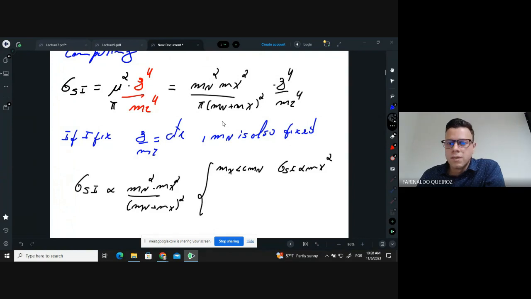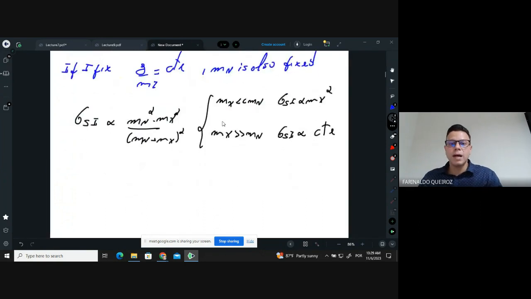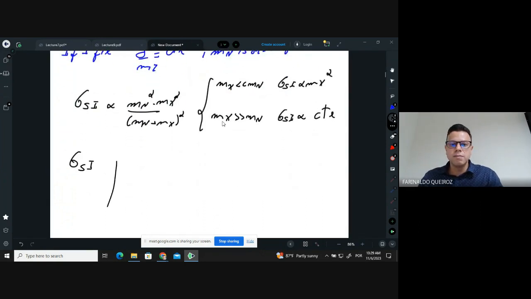If M chi is much greater than Mn, then the M chi squared cancels out with M chi squared, and I get just something proportional to Mn squared, which is a constant. So what you expect, a plot of sigma SE as a function of the dark matter mass, is something like this. It grows with M chi, and later becomes a constant.